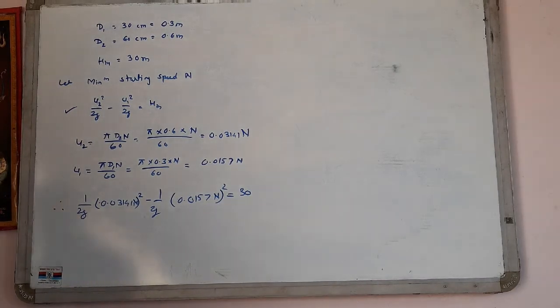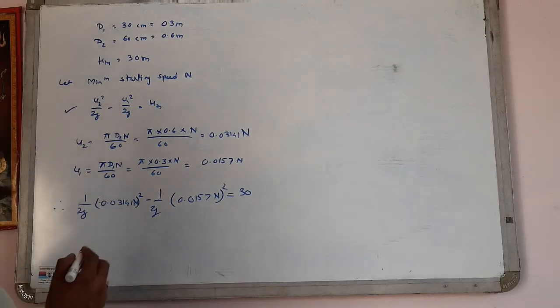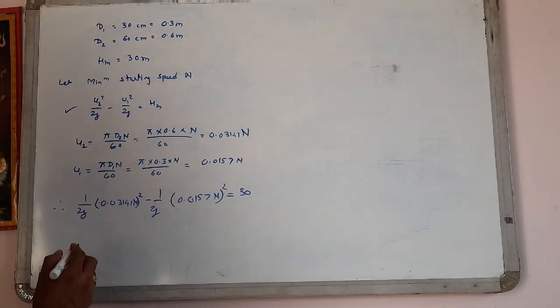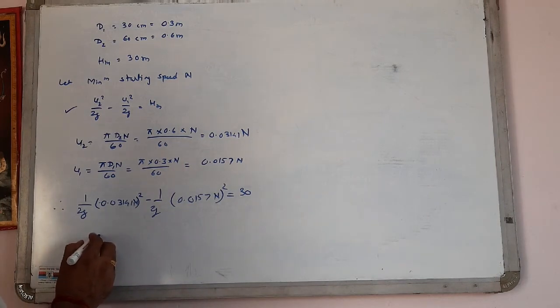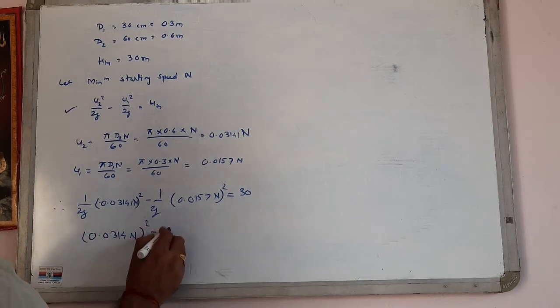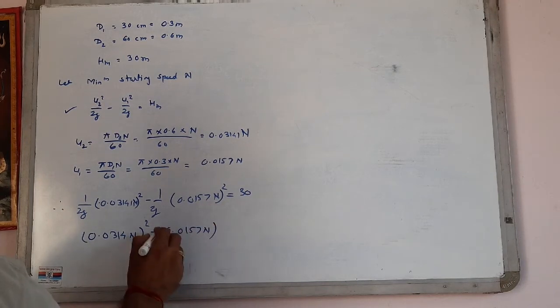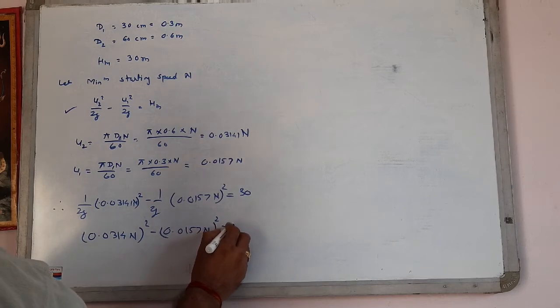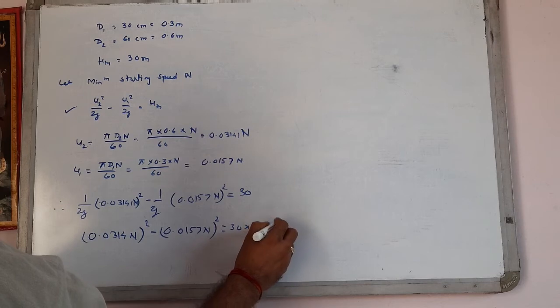So from here onwards, by transferring 2g to this side, this is 0.0314 n square minus 0.0157 n square equal to 30 into 2 into 9.81.